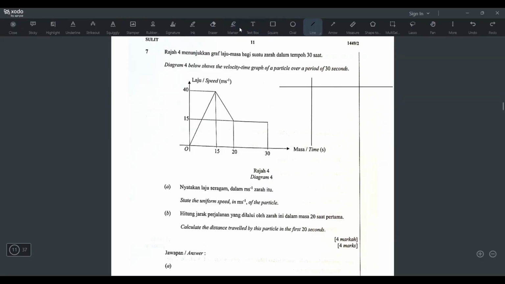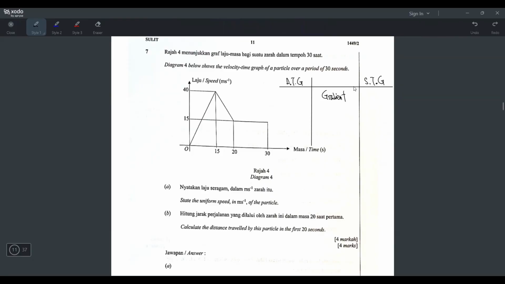The first thing you need to know is there are two types of graph. First, we call it the distance time graph, DTG, and the other one is STG, which is speed time graph. And we can use gradient in both graphs to find different things.